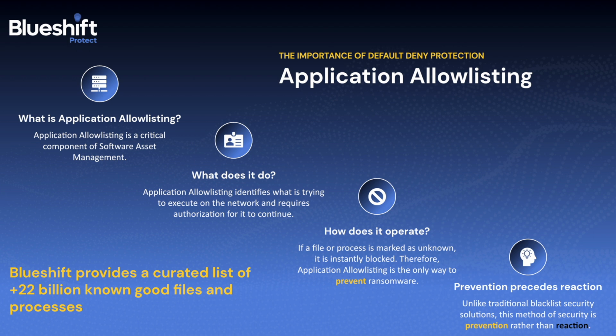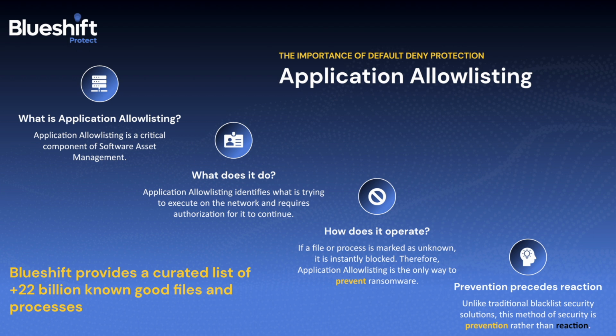The nice thing about doing it that way is it prevents anything from happening in the environment until someone's had a chance to take a look at it. So if you get something unknown, like a script or a piece of malware delivered via email or however it gets there, and a user tries to run it, it's just not going to be allowed to run. We're going to see the alerts from that, and we can respond to it.